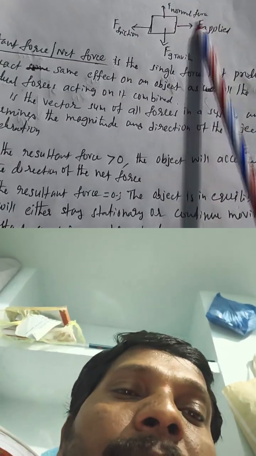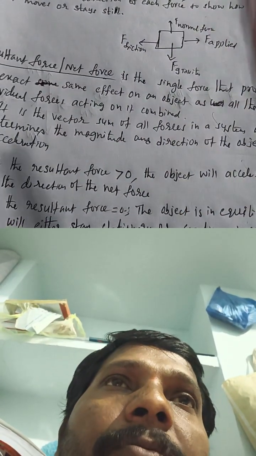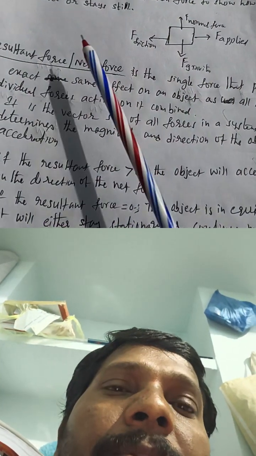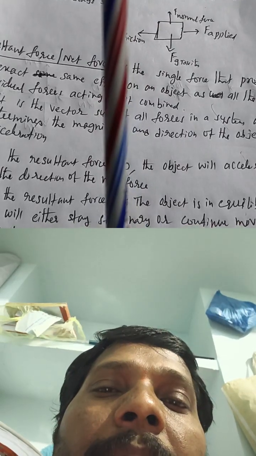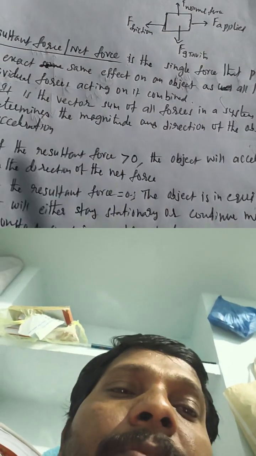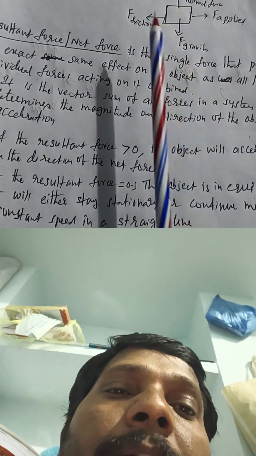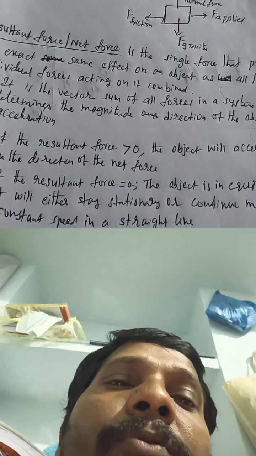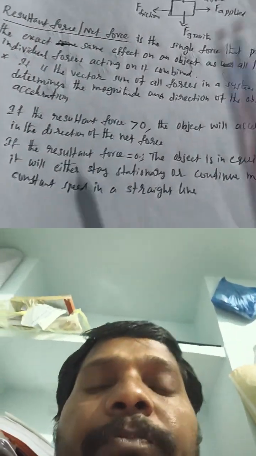Here normal force means any solid surface exerts some force on the object. When we place any object on a solid surface, the solid surface exerts a force perpendicularly or normally. Such a force we call the normal force. Force of gravity we know, and force of friction we also know. Force applied means how much force we apply in the form of either a pull or a push.